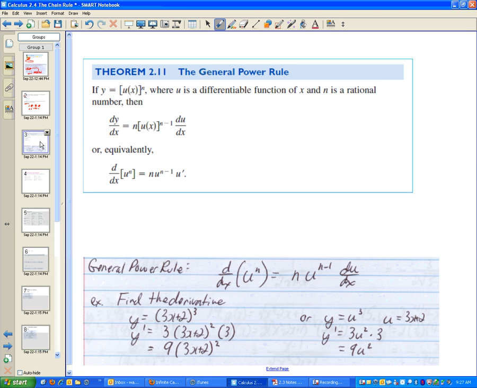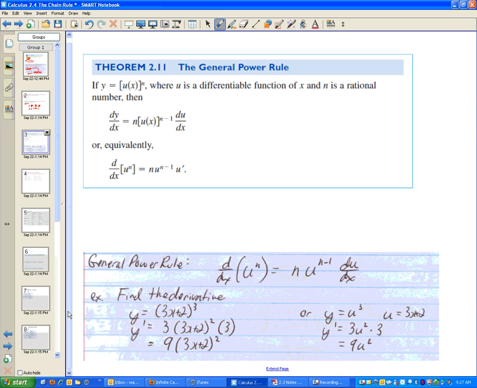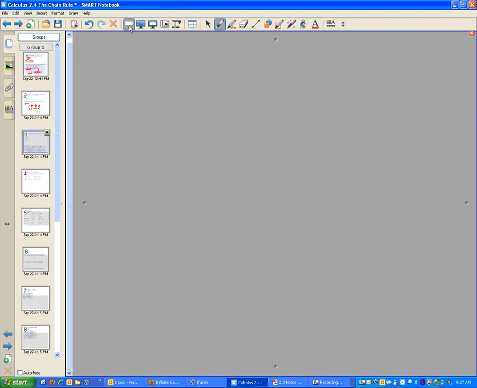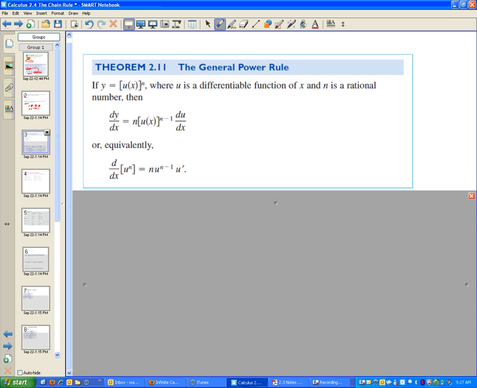Now, the general power rule is a version of the chain rule that is extremely helpful. Okay? So we're going to get another notation for the chain rule here. In fact, quite often, when we're actually using the general power rule, we'll just say we're using the chain rule, because this is the most common way of using the chain rule, at least for a while. All right? And again, it sounds all complicated here, because it is.